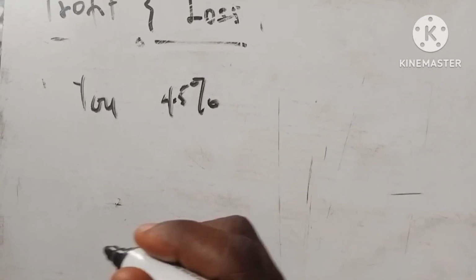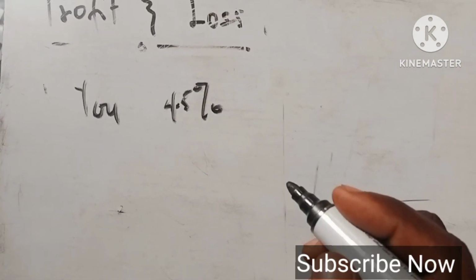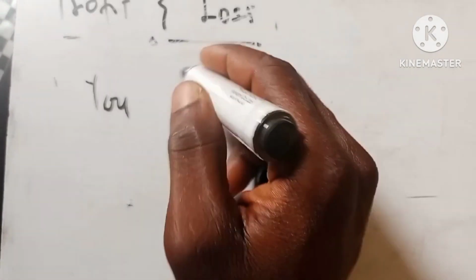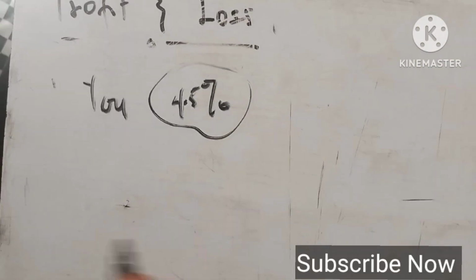That is what the question is asking. So we want to know the selling price. How much are you going to sell the article for in order to make a profit of 45%?